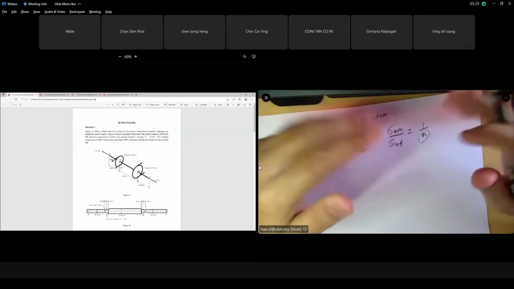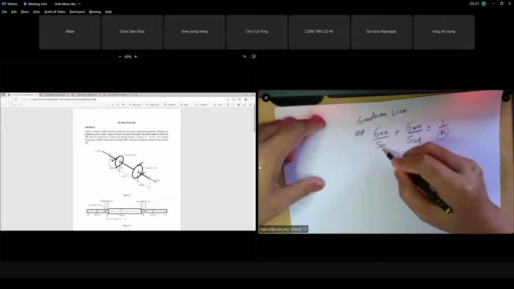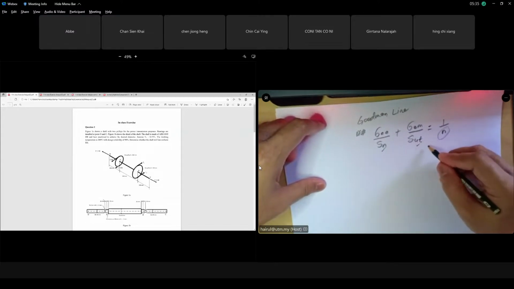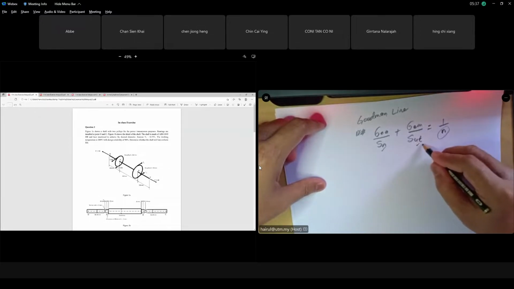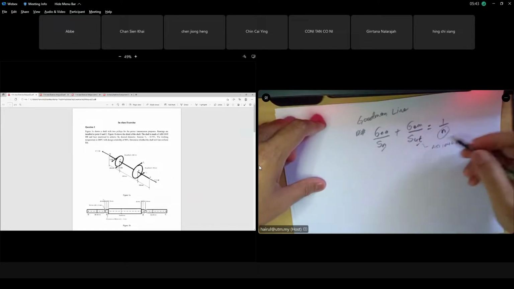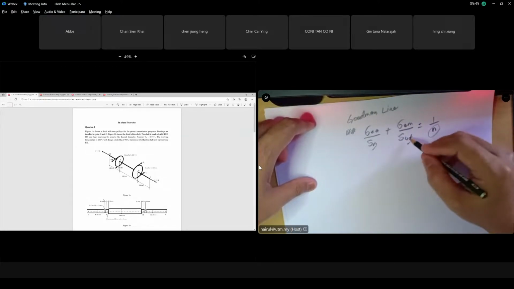I already explained S_n previously. We can calculate S_n, and we can get S_ut because the material is given. For example, AISI 1040 hot roll, you can get the tensile strength in megapascal and put it in the denominator here.